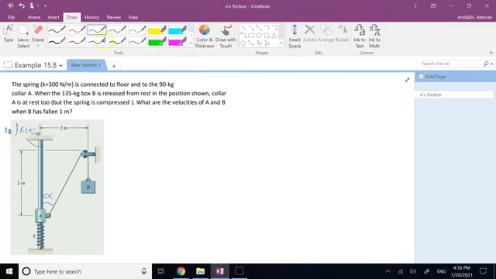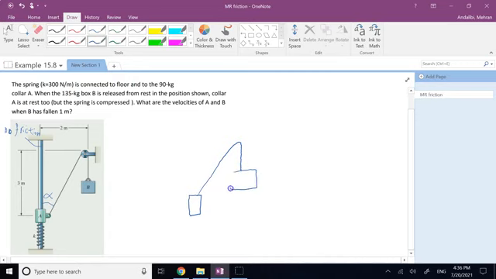So situation 1, this is A, this is the rope, and this is B. I show situation 1 with color blue, then situation 2, B drops for 1 meter.